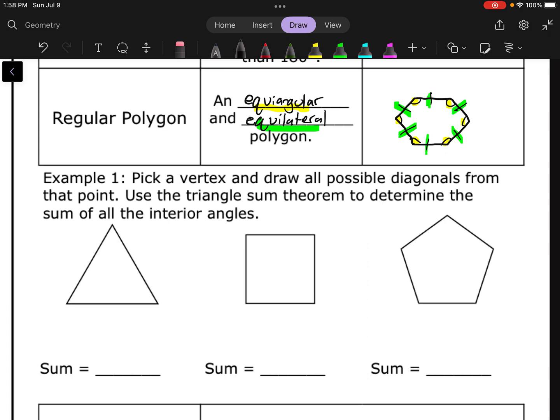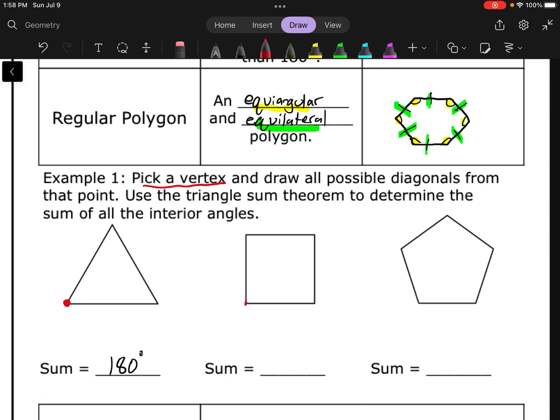Okay, so for this first one, if we pick a vertex on our triangle here, and we try to draw all possible diagonals from that point, it's not going to really work because you can't draw a diagonal on a triangle because there's not another vertex that you can draw a line to other than the other 2 vertexes. So it's kind of redundant for this one. We know that the sum of the interior angles of a triangle is just 180 degrees. So we don't have to do anything for that one.